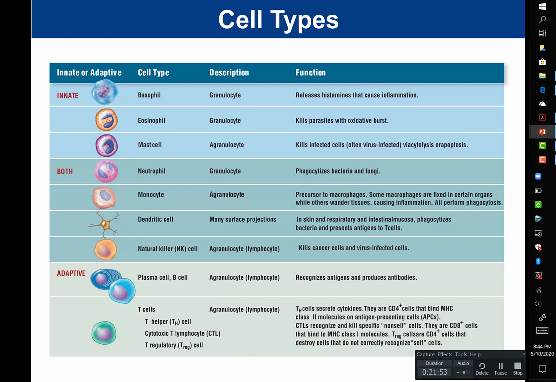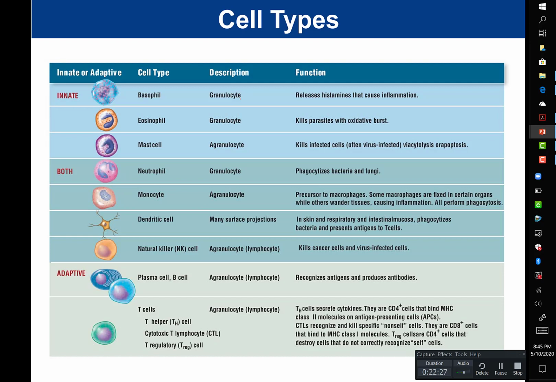The reason it crosses over into adaptive immunity, part of your specific immune response, is because many of these phagocytes can do something called antigen presentation. So what that means is that when those cells do phagocytosis and take in that pathogen, they break down that pathogen and then they display those antigens on the surface to tell your adaptive immunity, this is what you're looking for.